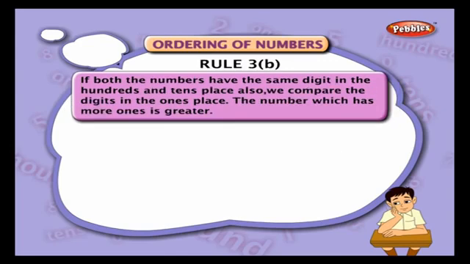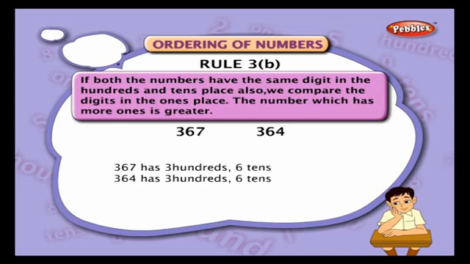Rule 3b. If both the numbers have the same digit in the hundreds and tens place also, we compare the digits in the ones place. The number which has more ones is greater. For example, let us take two numbers 367 and 364. Here, both numbers have 3 in the hundreds place and 6 in the tens place.